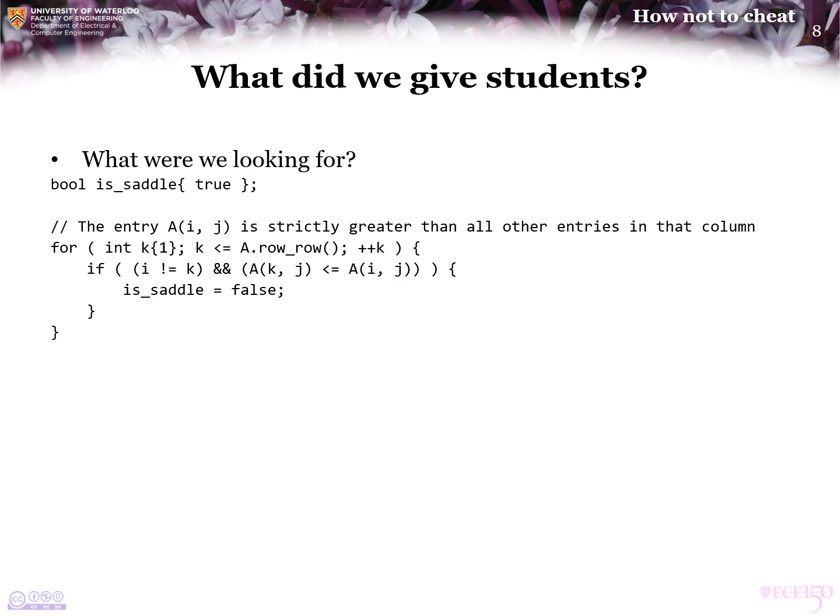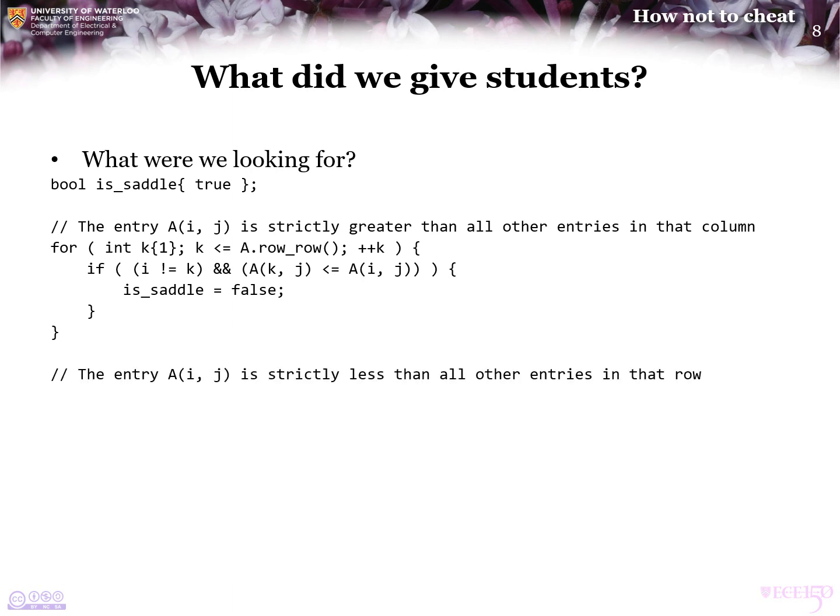So we check all entries in that column, and if Aij is less than or equal to any other entry in that column, we set isSaddle to false.